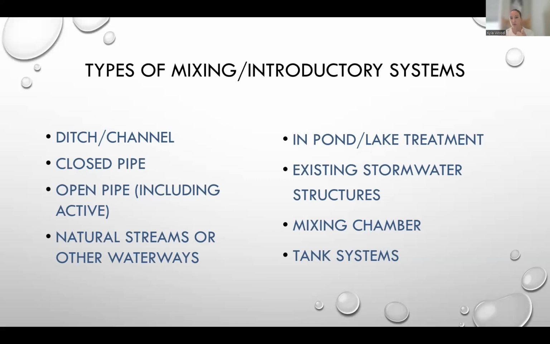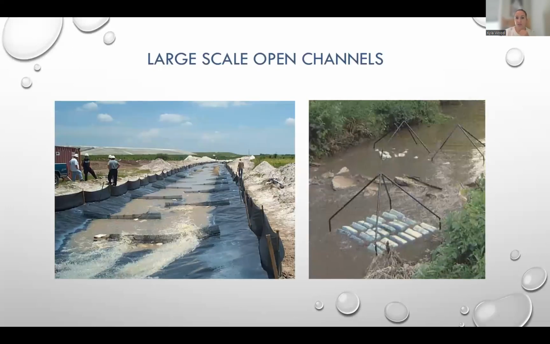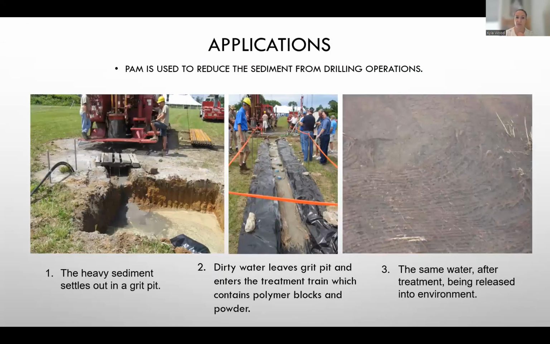We're using the right formulation, we're using it in the right amount, we have enough good mixing, we're mixing it for long enough, and we're capturing that flock so that we're not sending the flock and sediment downstream. So we can do anywhere from 10 gallons per minute up to 10,000 gallons per minute, again, as long as we're meeting those fundamentals. So we'll look at a couple applications.